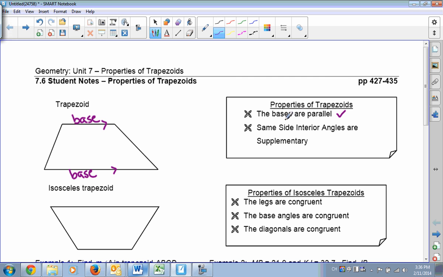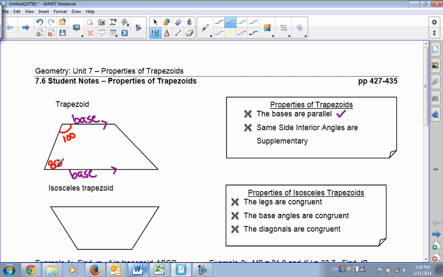And then the other characteristic of trapezoids is the same as the parallelogram. Same side interior angles are supplementary. Okay, so that means that this angle here, if it were 100 degrees, what would this angle have to be? 80.